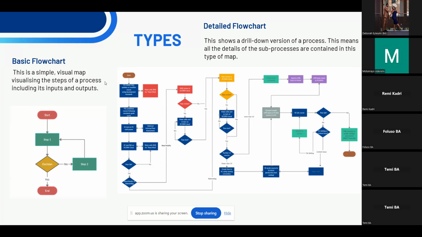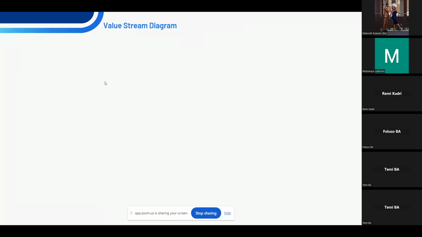If you say yes, so we're now going into sub processes. We've left the main one and we're now drilling down, and that's when you get a detailed flow chart or process map. So a flow chart, again, is the flow of the process. Then you have the value stream diagram.